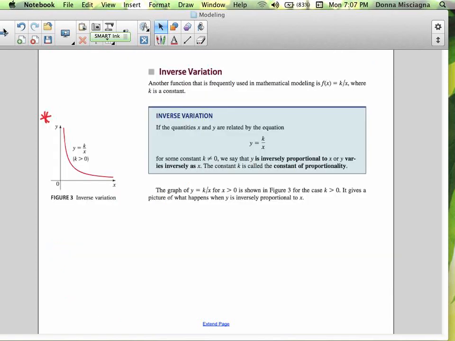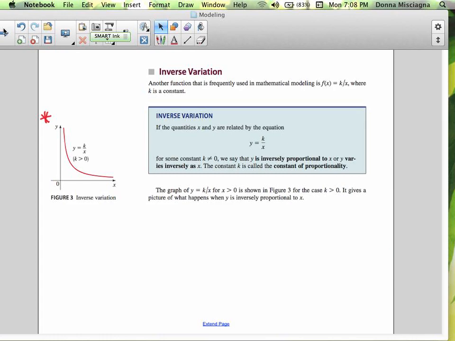Inverse variation. Another function that's frequently used in mathematical modeling is f of x equals k divided by x, where k is a constant. If the quantities x and y are related by the equation y equals k divided by x for some constant k not equal to 0, we say that y is inversely proportional to x, or y varies inversely as x. The constant k is called the constant of proportionality.